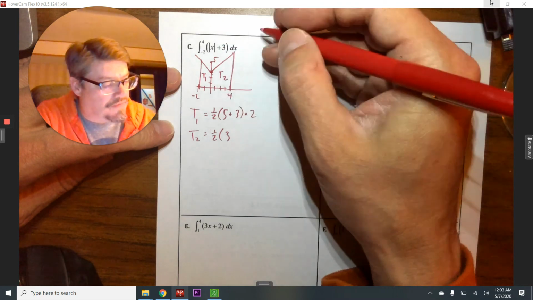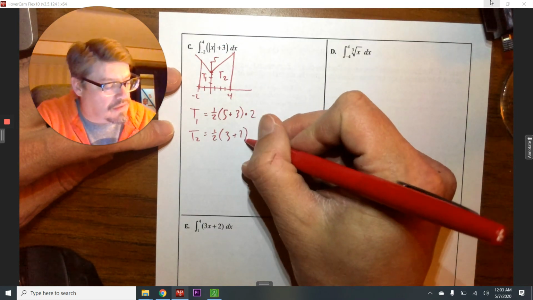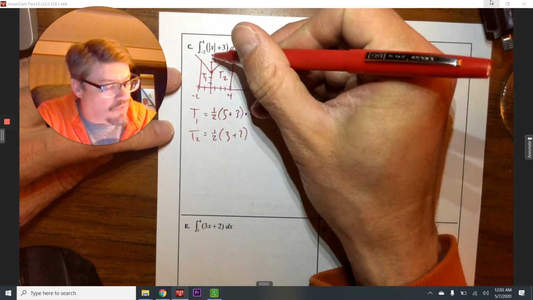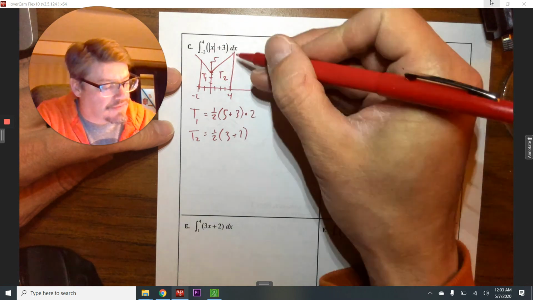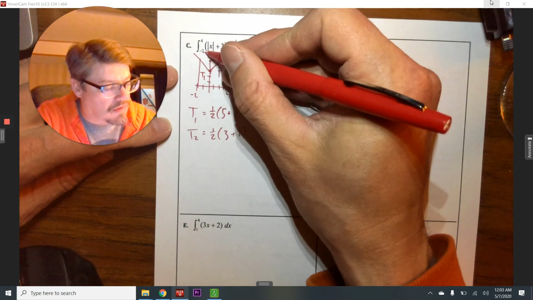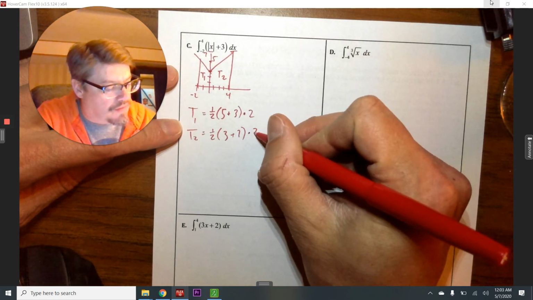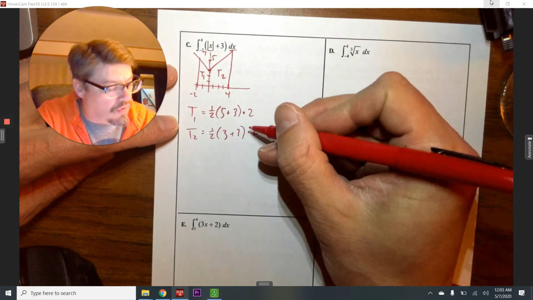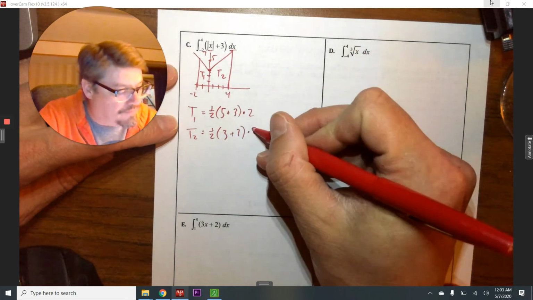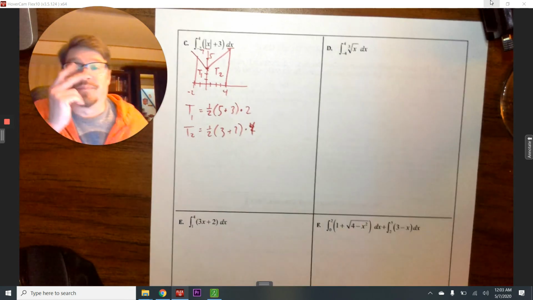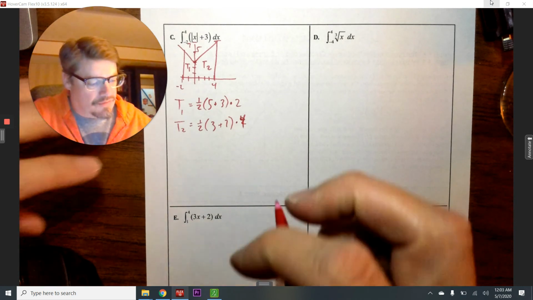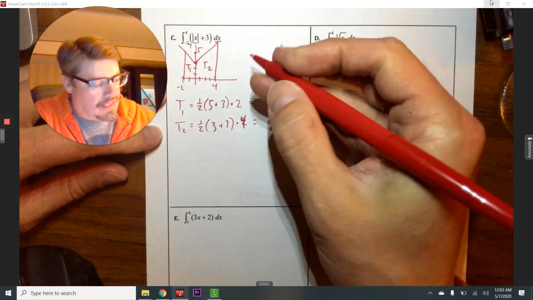Now if I plug in a 4, I actually get 7. So 4 plus 3 is 7. That's the height up here. And then we're going to have the same width. Width is 4. All right, so add those two areas together. Let's get the total here.